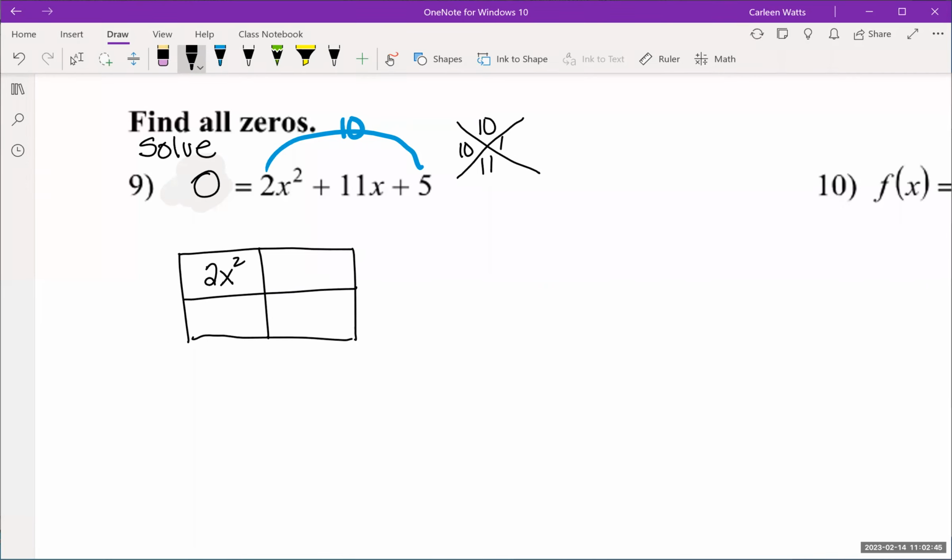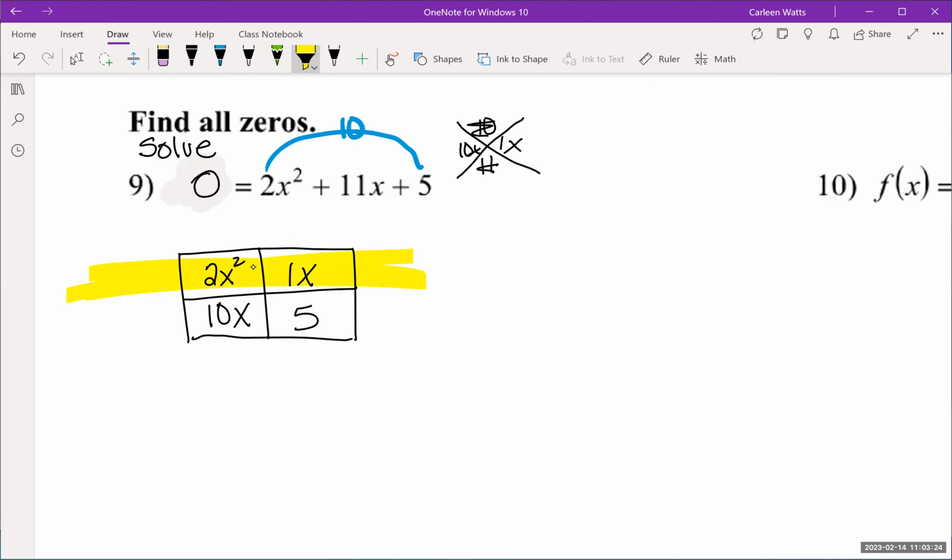Okay, now we're going to do the box. Two x squared and 5. Okay, what's going to go diagonally? Ten x and 1x. Thank you. Okay, GCF of the top row.